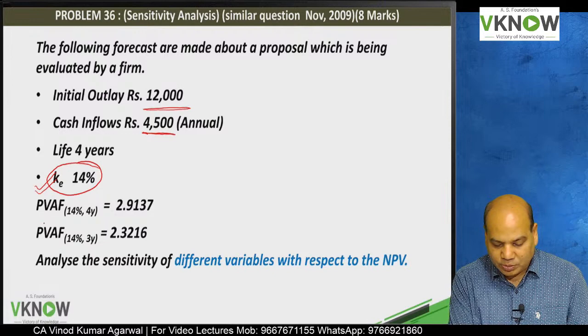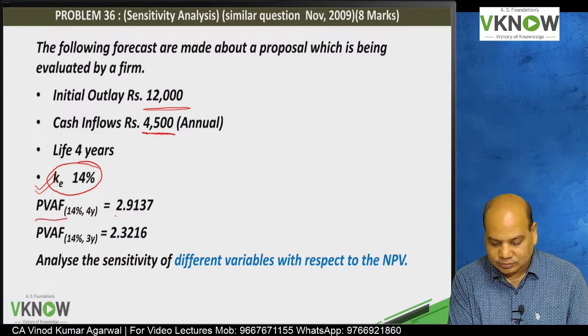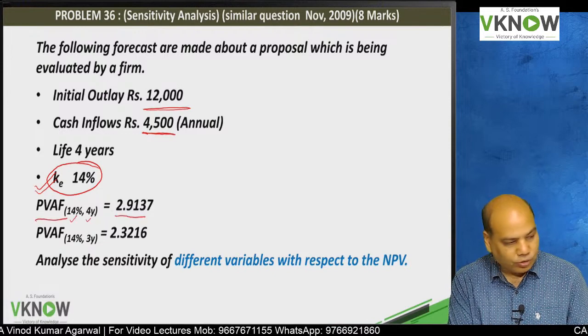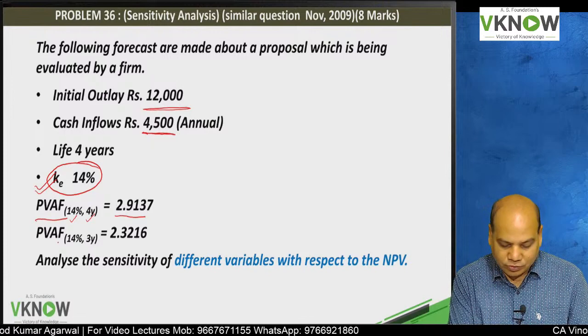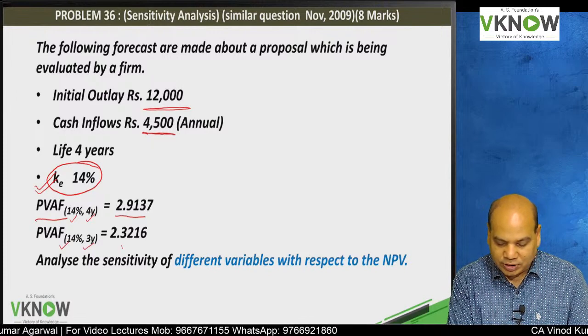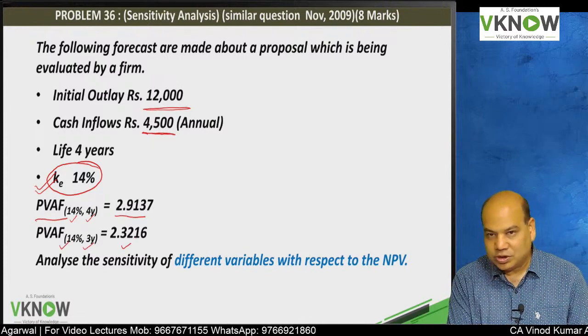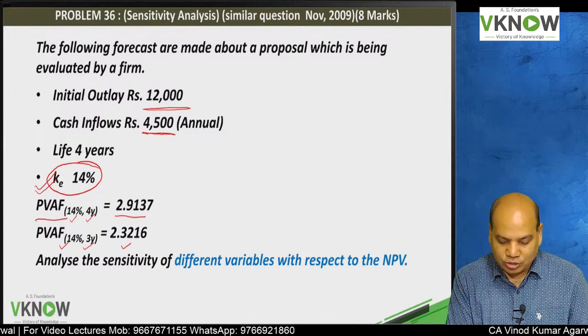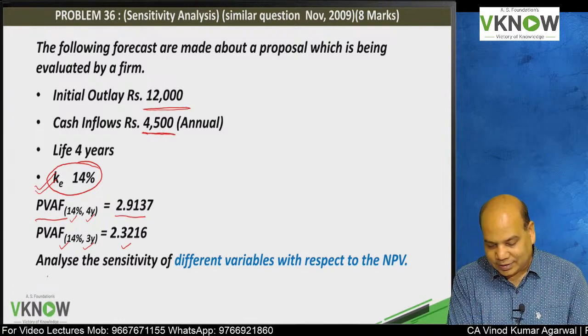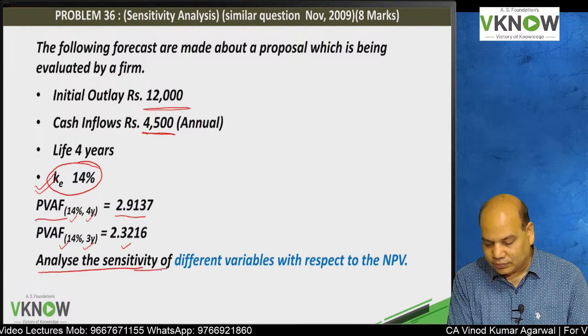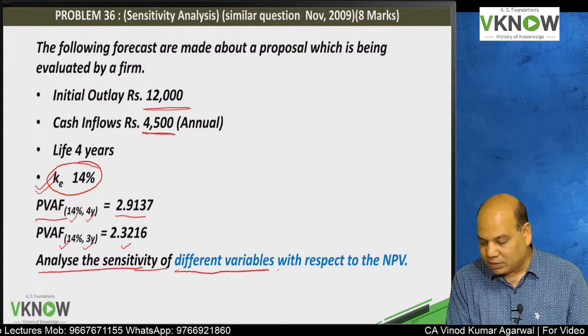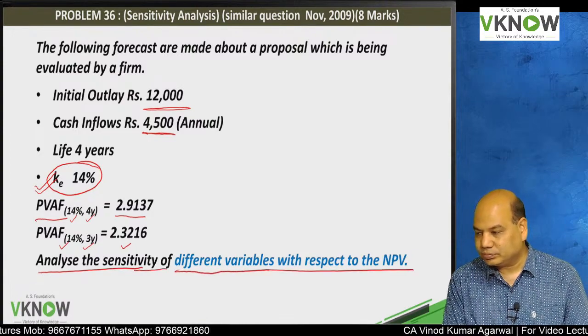Then you are given PV annuity factor 14% 4-year annuity factor, 14% 3-year annuity factor is given. Whichever you require, you are going to apply that. And then analyze the sensitivity of different variable with respect to NPV.